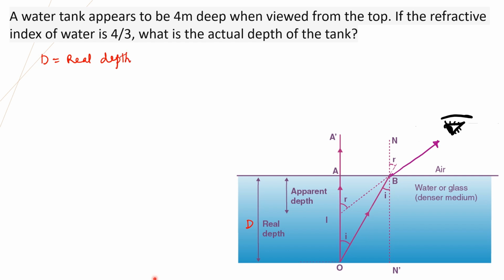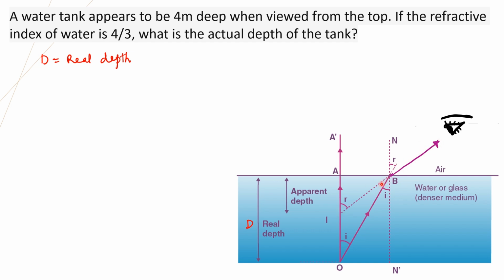Next. Now what happens? Light from this point moves straight until it reaches the interface. At the interface what happens? Since this is water, water is the denser medium. Light is traveling from denser medium to rarer medium, so it will bend away from the normal. So it reaches the eye, but the eye cannot perceive this bending. It will presume that the light is coming from a point, and for the eye, light seems to travel in a straight line.